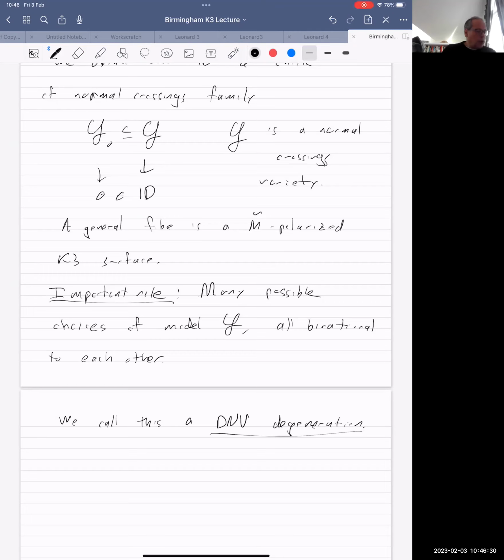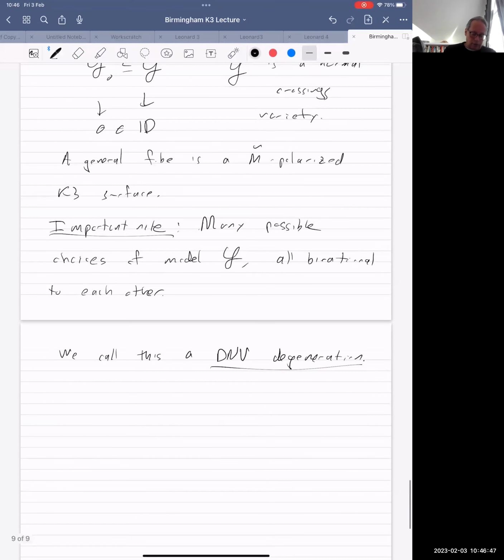Okay, so now, in some sense, the first punchline is that we can apply the general setup that Bernd Siebert and I carried out. This is precisely a situation where we're able to construct mirrors. So we now apply the Gross-Siebert construction of mirrors.